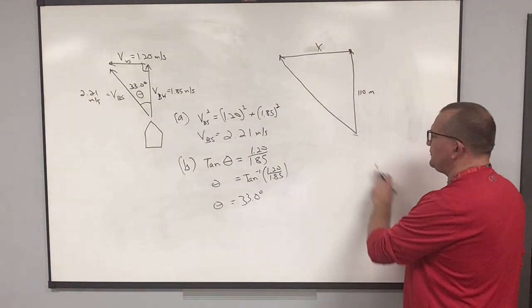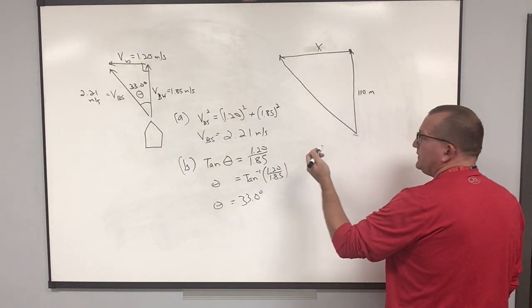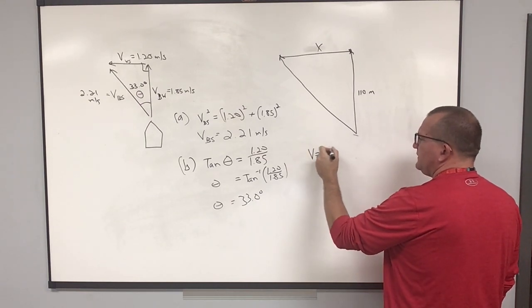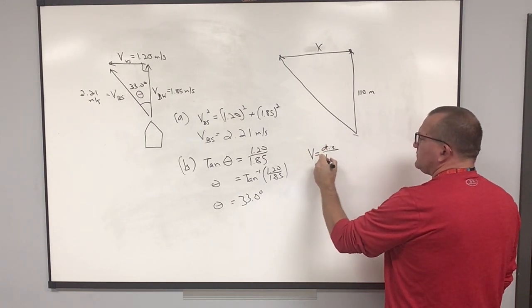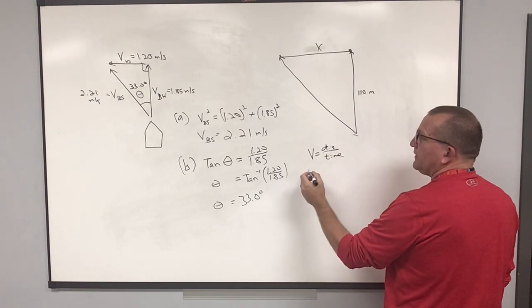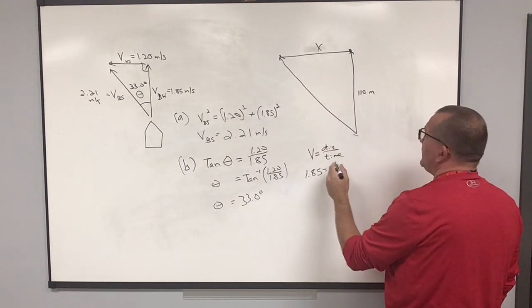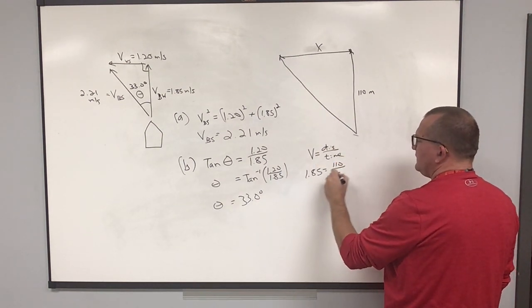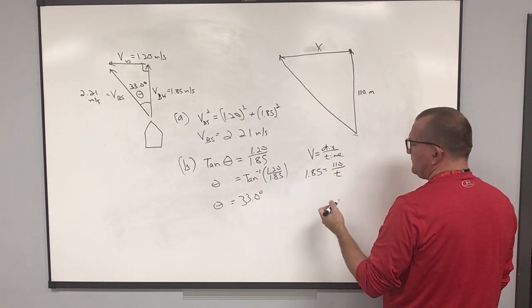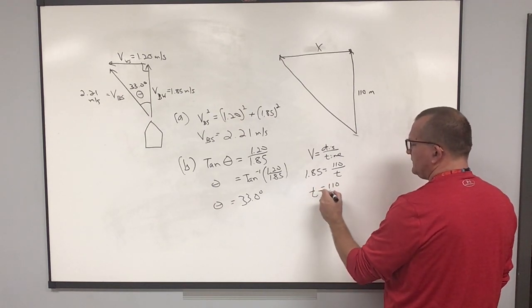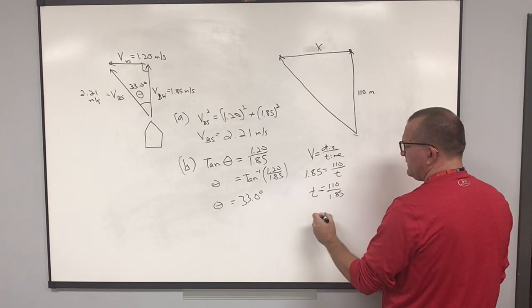Luckily, there's no acceleration going on here, so I can use simple velocity definition. Velocity is displacement over time. Okay, so my velocity is 1.85 in the vertical. My displacement is 110. Solve for t, okay? So t is equal to 110 over 1.85.